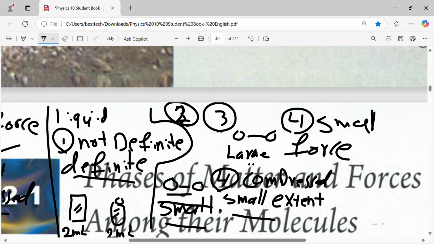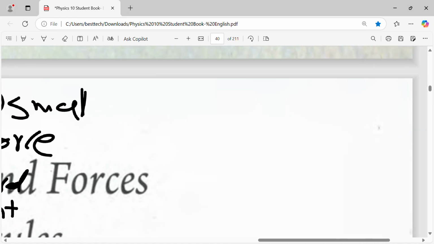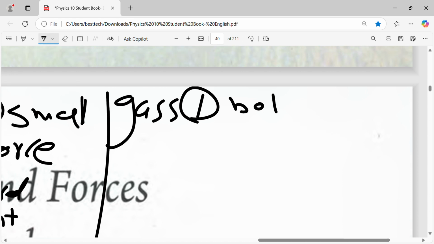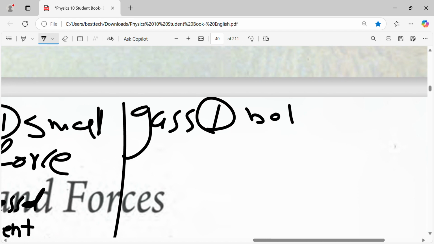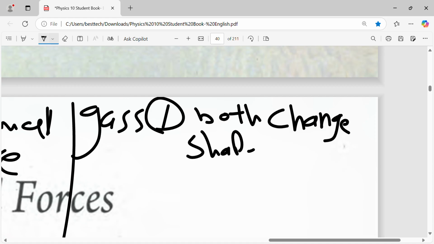Okay, guys. Now the last phase of matter is a gas. The first property of gas: it has no definite shape and no definite volume. Both the shape and the volume are going to change in gas.